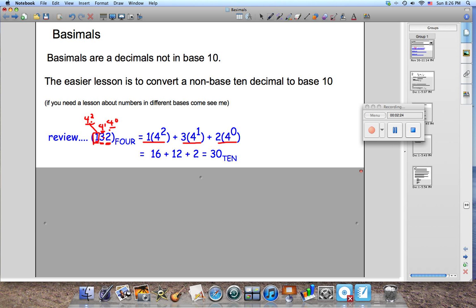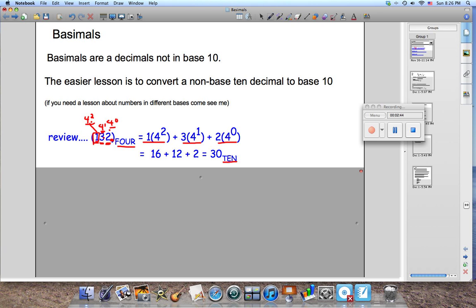The notation here, with a 10 and a 4 as subscripts, is the way the math contest is going to write them. Now, if I'm going to the right of the decimal point, to the right of the 2, then the power of 4 just keeps decreasing.